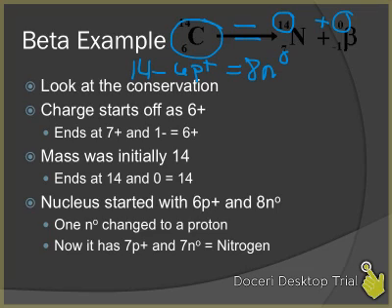Yes. Then we have 7 minus 1. Does that equal 6? 7 minus 1. So conservation of mass. So if carbon is going to emit an electron, it is going to turn into nitrogen. Does everyone see how I did that? A little bit? Okay.